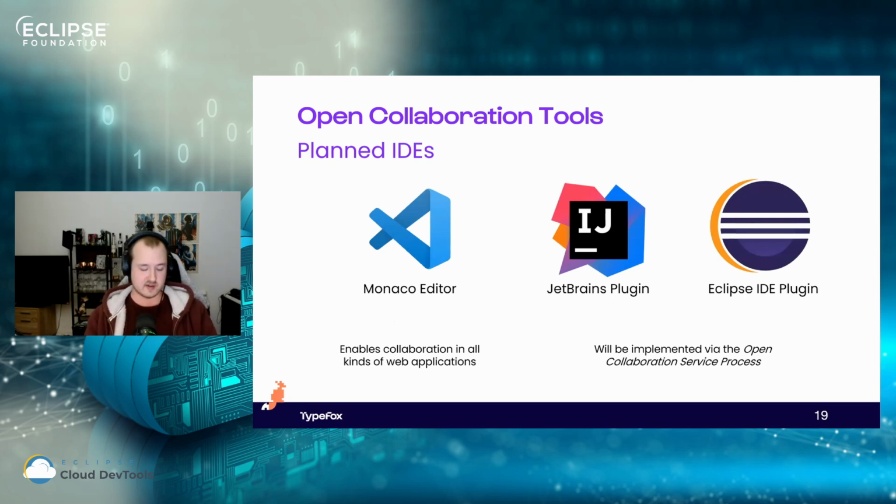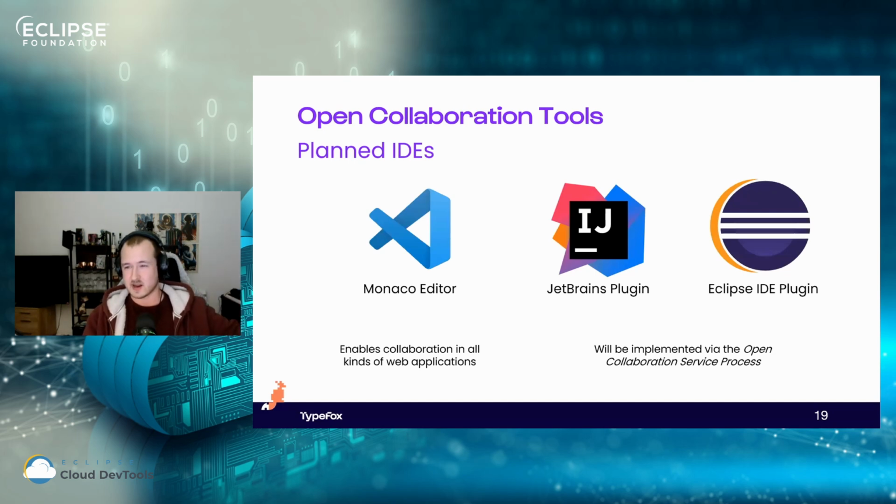And then, I've also talked about service daemons previously. We are building something similar, called the Open Collaboration Service Process, which we can run side by side with any non-JavaScript based IDE. That will be, for example, available as a JetBrains plugin and as an Eclipse IDE plugin in the future. We're already looking into that.